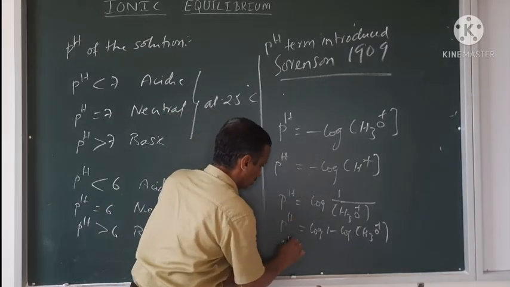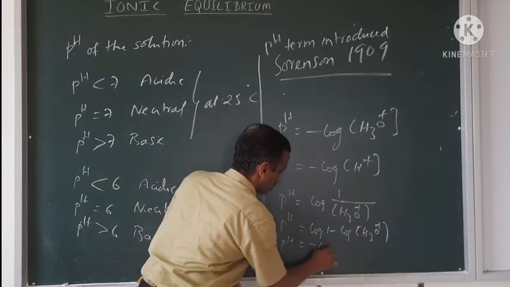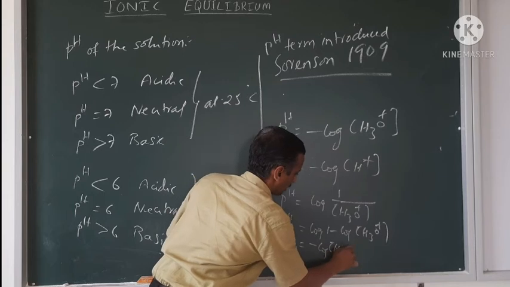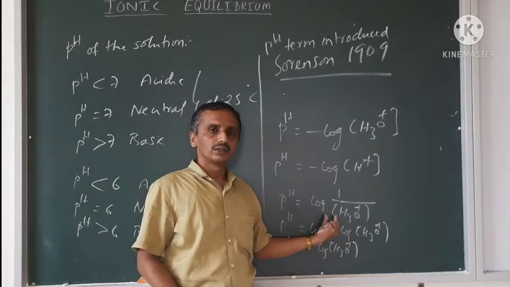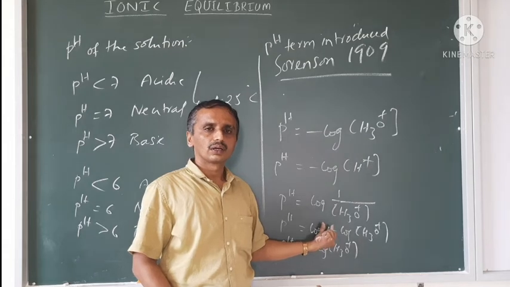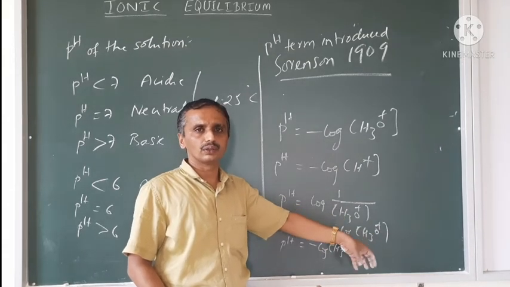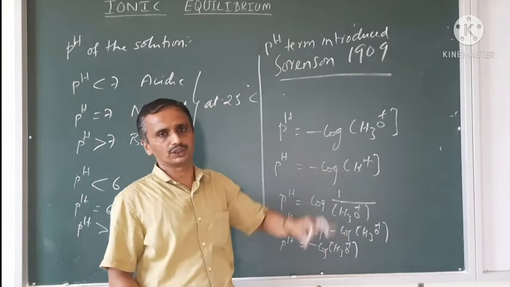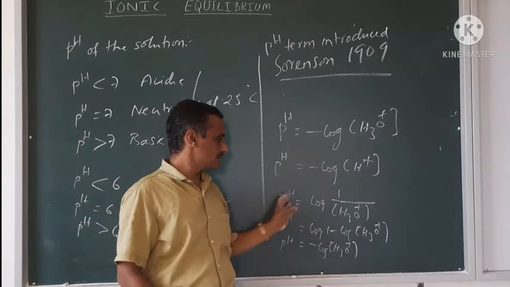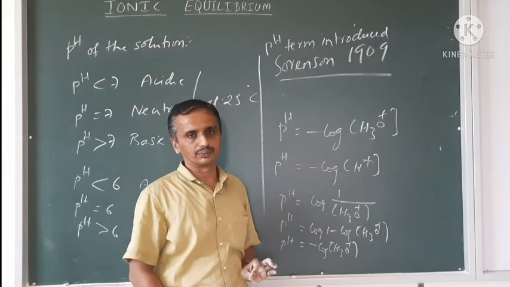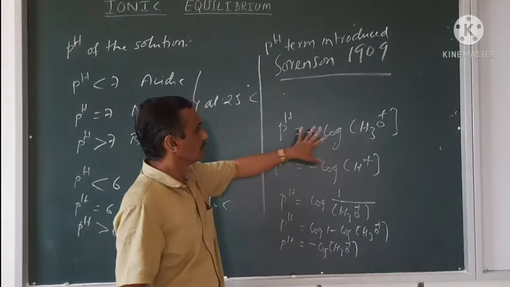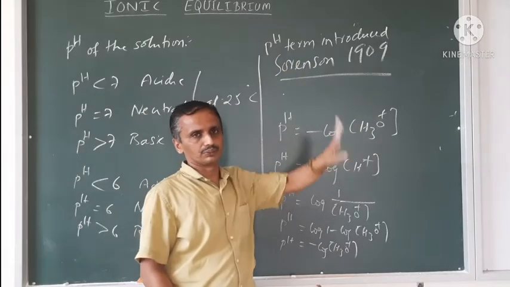So pH is equal to minus log H3O plus, the same again. Means pH is the reciprocal of the log of hydronium ion concentration, or negative logarithm of H3O plus concentration.